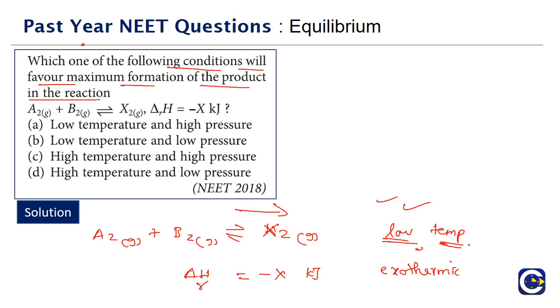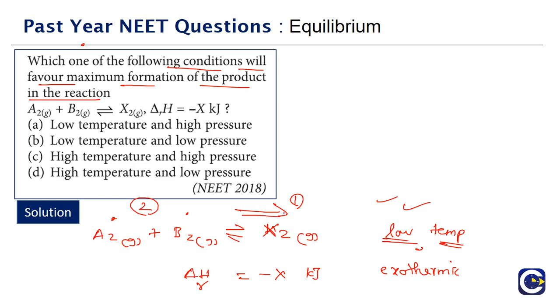So these are the conclusions based upon the Le Chatelier principle. Then talking about the pressure, on the reactant side we have A2, which is a gas, and B2 also a gas. The total number of gas moles is 2. On the product side, there is only one entity, which is X2. The number of gas moles on the product side is 1.